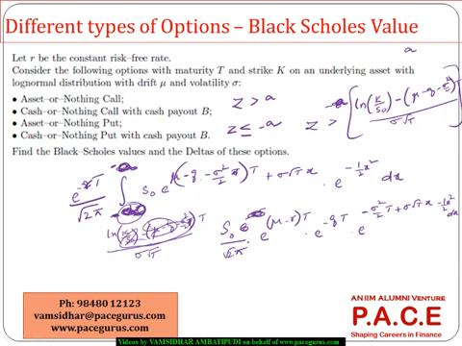So basically when I am doing it with respect to x, it is coming out as S naught by root 2 pi e power mu minus r minus q times t, and this I integrate between minus infinity to minus a.